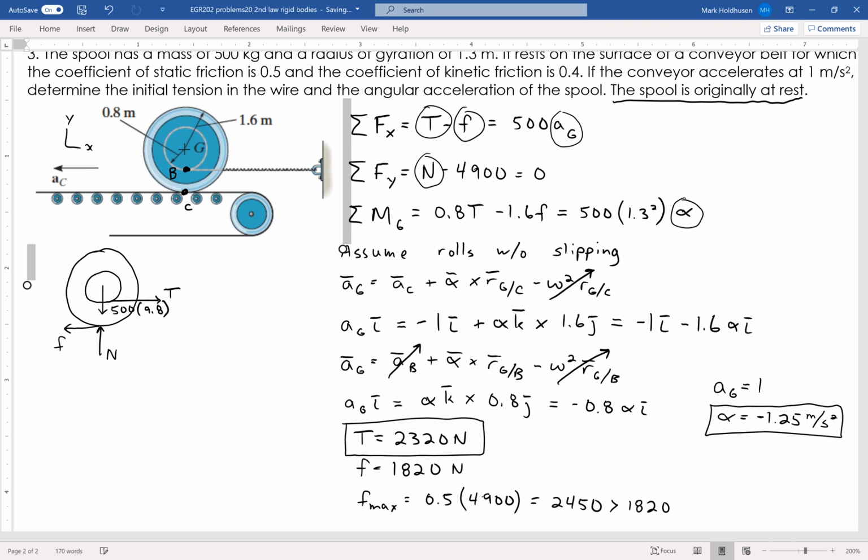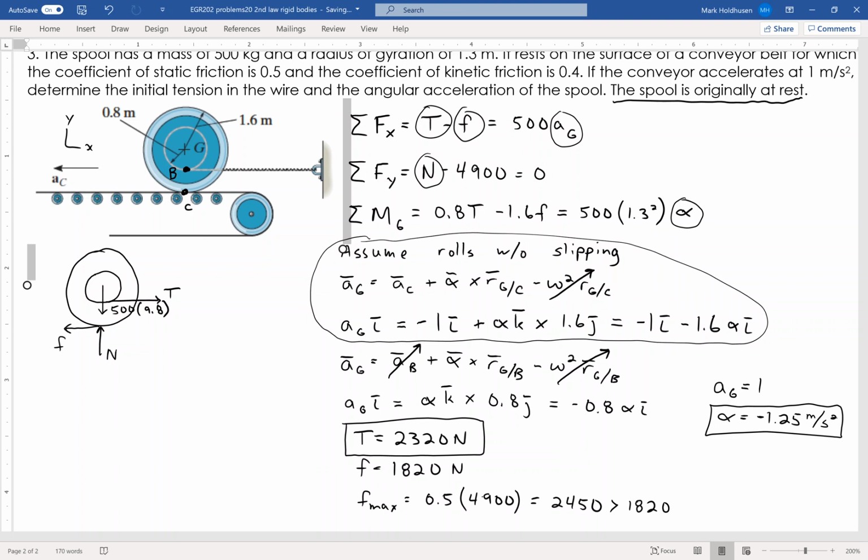Now, if the friction force had been above that, then I would have known the friction force equaled the 0.4 times the normal, and then I could have solved the problem that way. Okay. Again, maybe I do it this way. I kind of circle this. This is what comes out of my assumption.